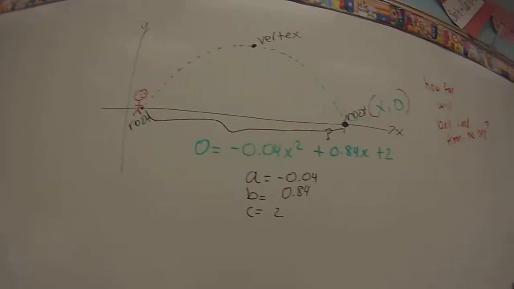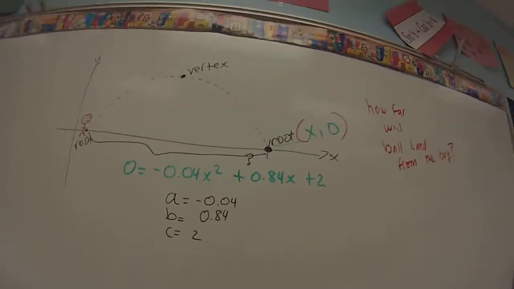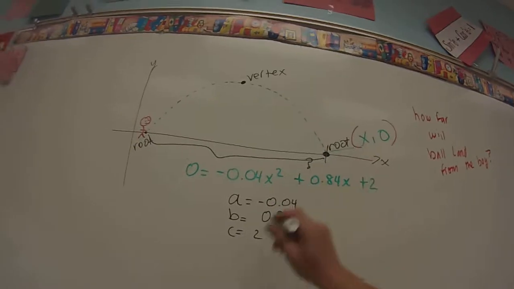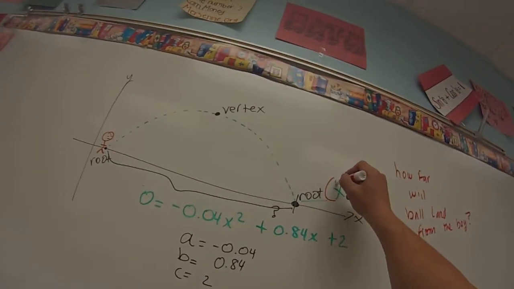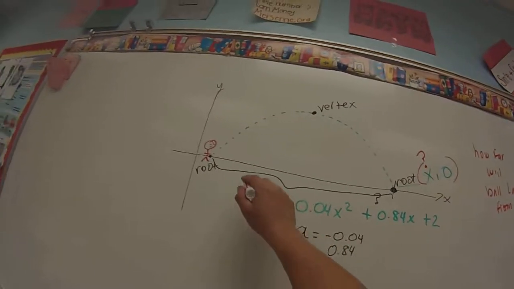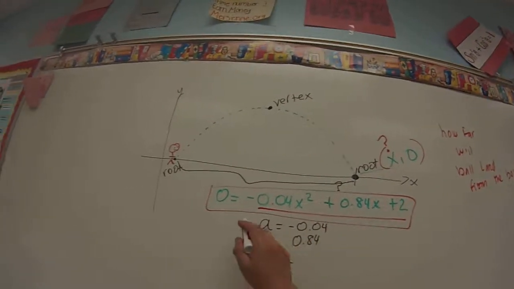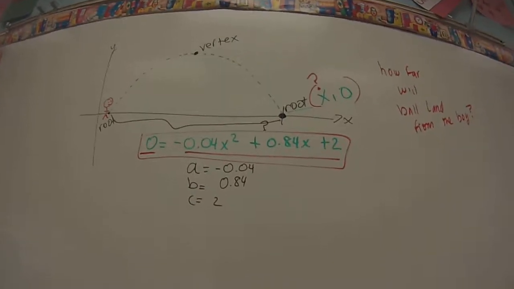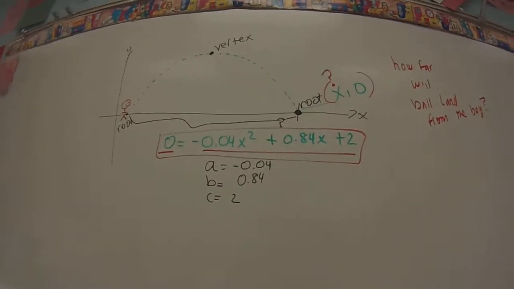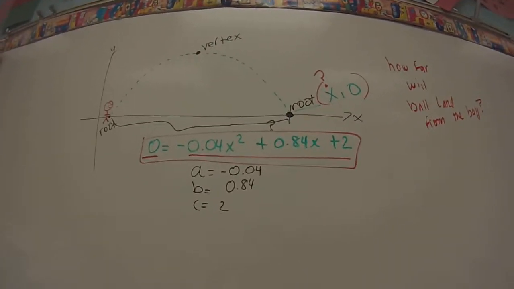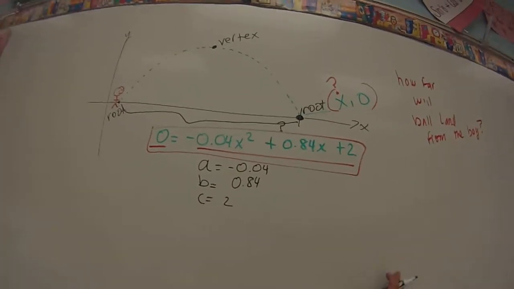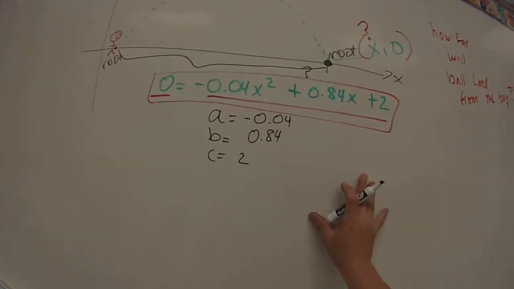Once you put 0 for y, and you're trying to find x, that gives you a hint to use the quadratic formula, because you have a trinomial that's equal to 0. We've used the quadratic formula many times before, so I'm not going to do it here.